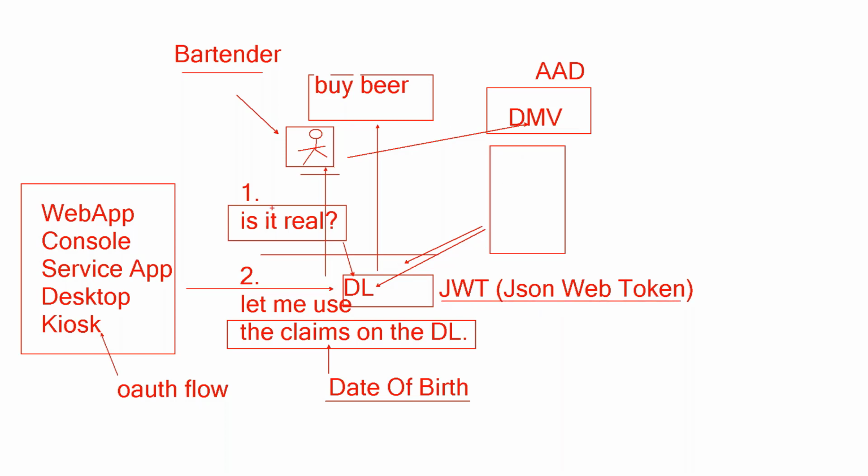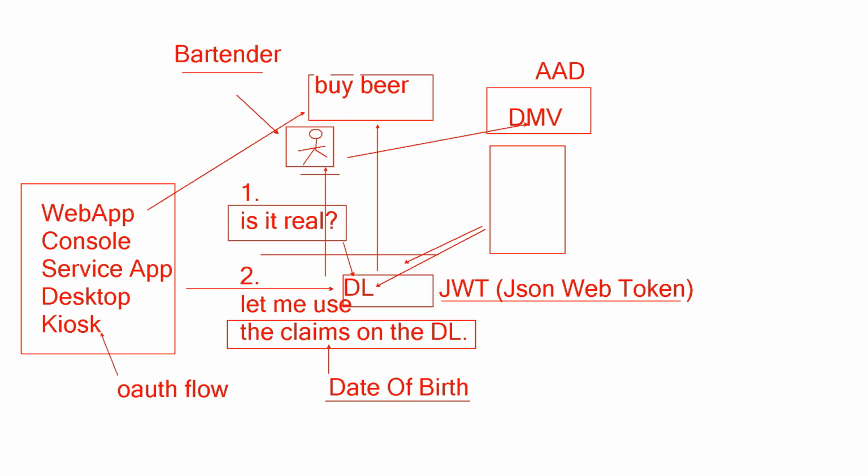So in other words, when my web app wants to make a call to the web API, my web app has to ask AAD, can I have a token today to be used specifically for this web API?